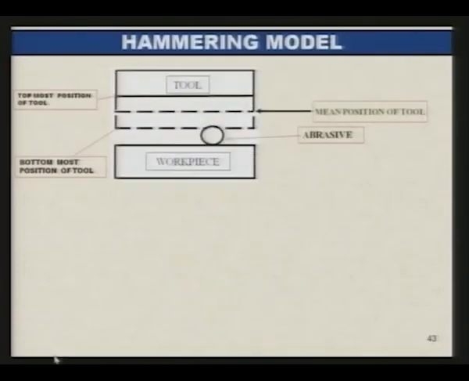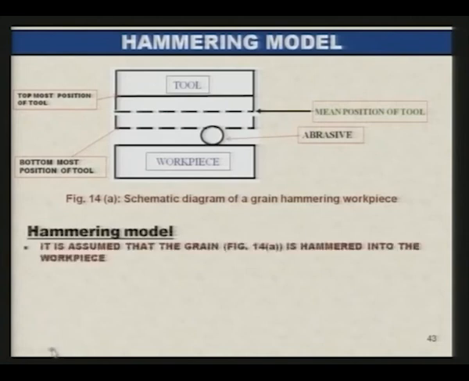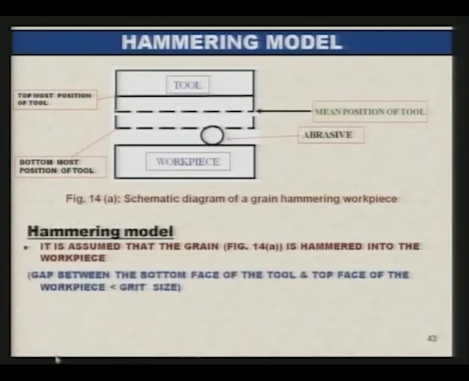Now, here it indicates the topmost position of the tool where it starts vibrating, the mean position of the tool and the bottommost position of the tool, and at the bottommost position it is hitting, or hammering, the abrasive particle. Now, it is assumed that the grain is hammered into the workpiece as shown in the above figure.